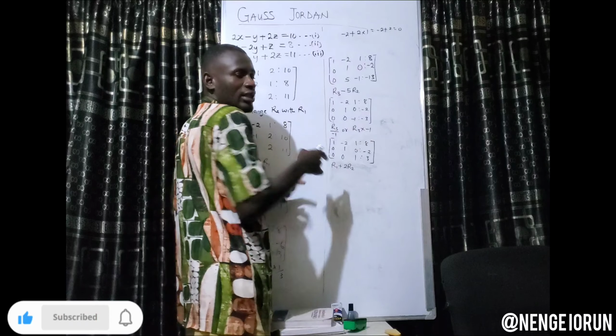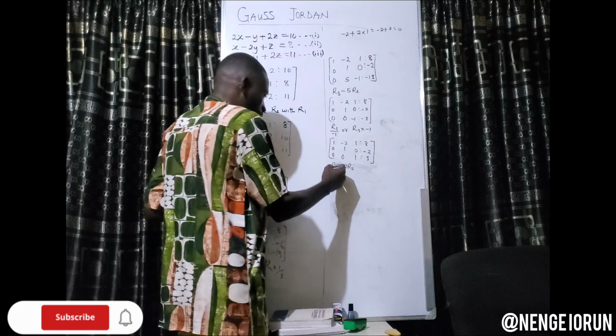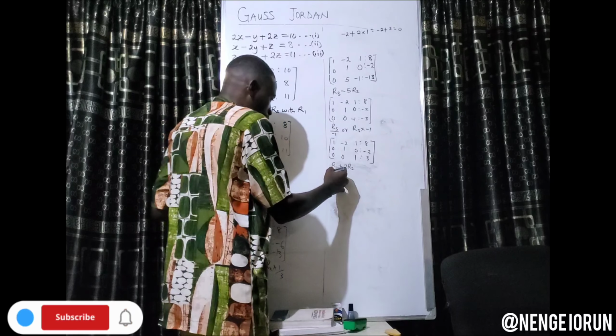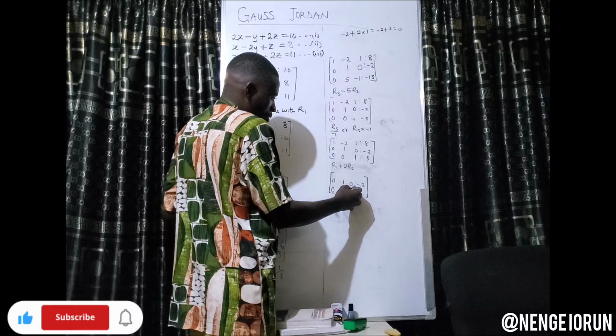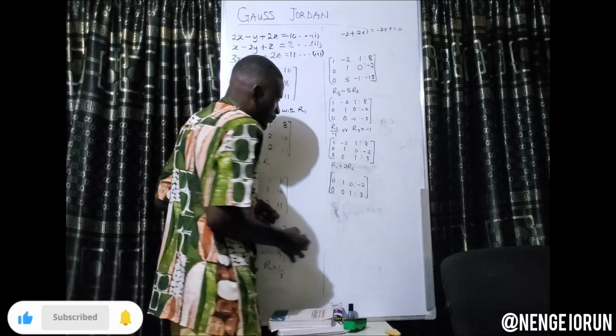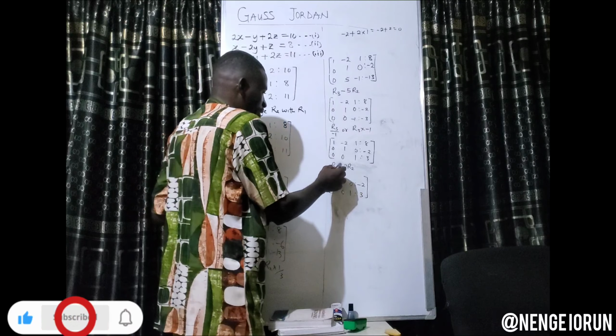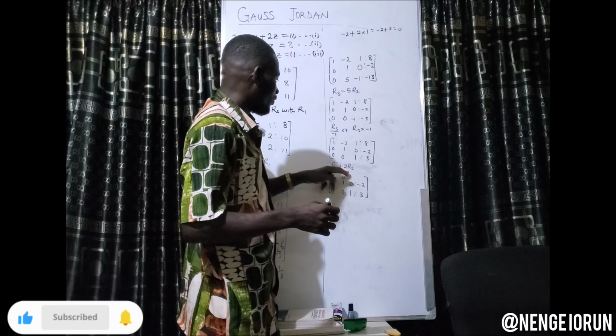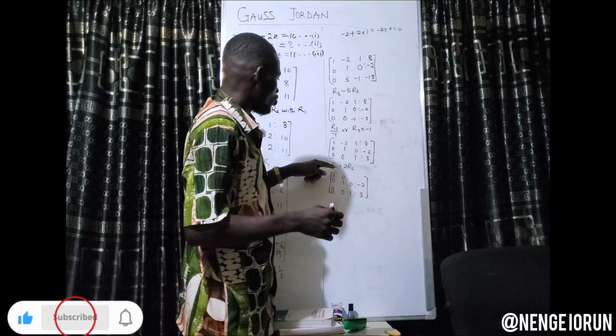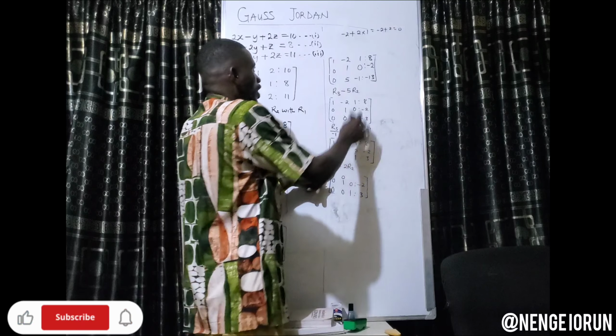So this will play through. So now we have the second row and the third row will stand as 0, 1, 0, dot, dot, -2, and 0, 0, 1, dot, dot, 3. So now this will still stand as 1.